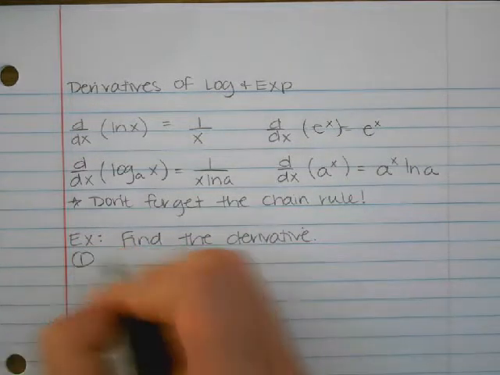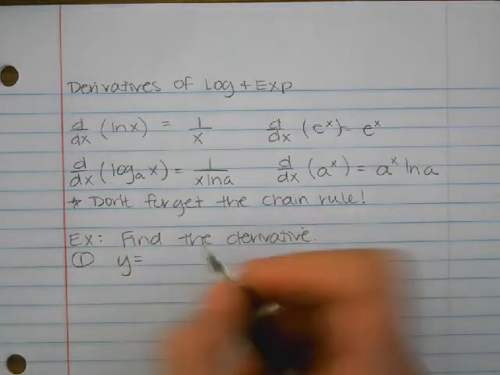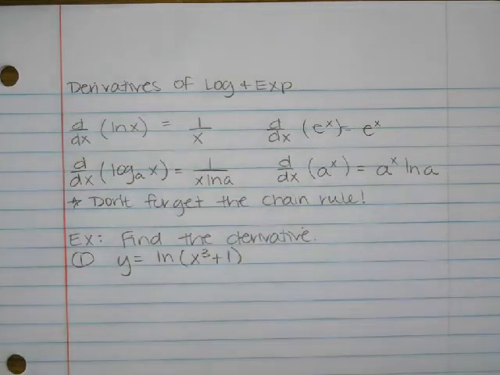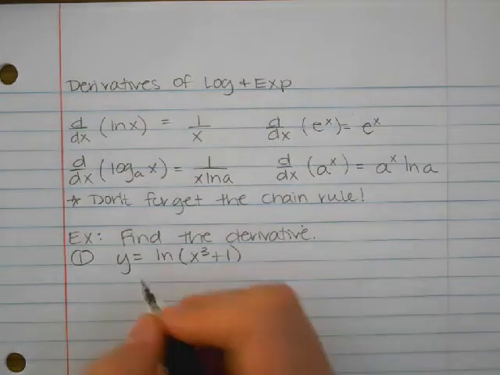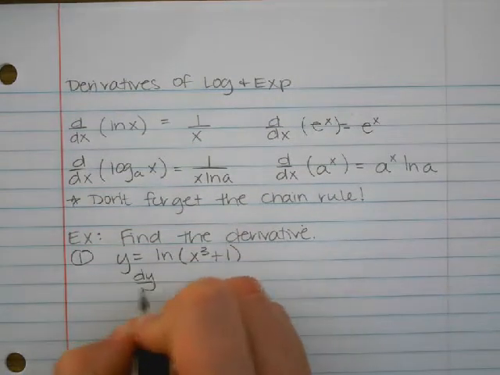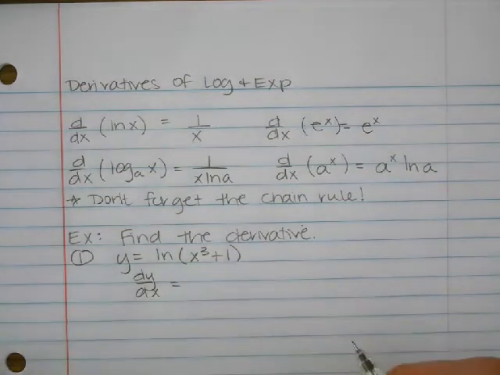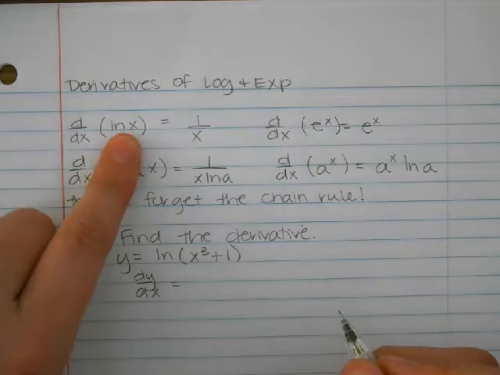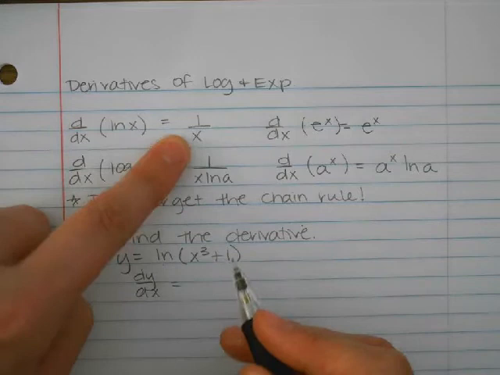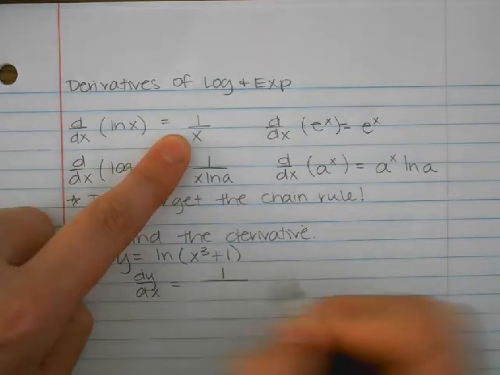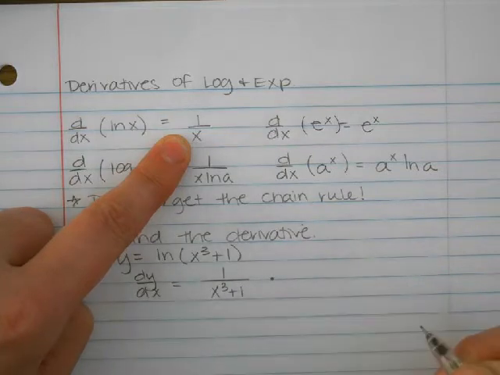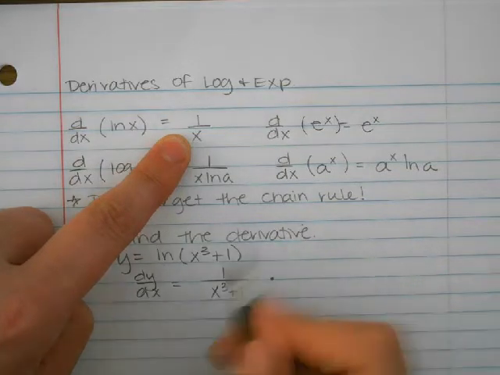So the first problem is going to say y equals ln of x to the third plus 1. So my derivative, I'm going to go ahead and say dy dx equals, and if I look for the shortcut I'm going to use, this one says ln, and it would be 1 over whatever you were taking the ln of, and then it's a chain rule, so I have to multiply by the derivative of what was inside.